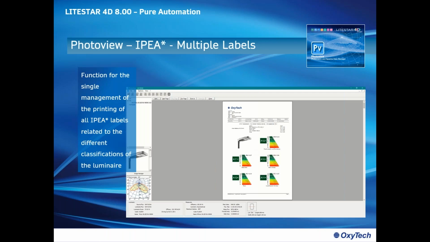So for example, the same luminaire can be installed on a road, in a parking lot, in an urban area, and on the pathway of a park. So you may have different energy classifications in function of the destination of the target. Now it is possible to print all the labels on the same page.